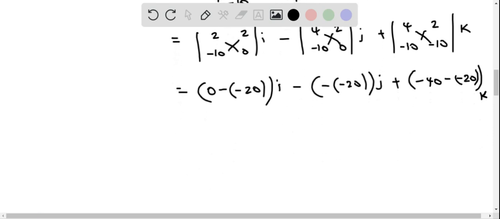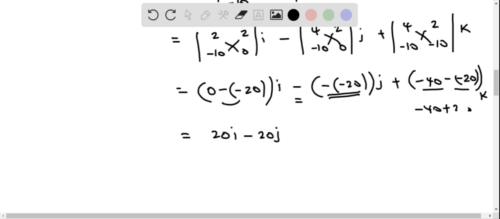Let's simplify. So this equals negative negative is positive, so this is 20i, and then once again negative negative is positive, so it becomes positive 20, but we have negative in front, so this is negative 20j, and then this is negative 40 plus 20, and this equals negative 20.